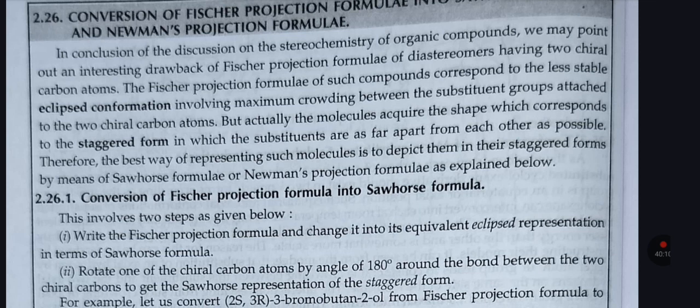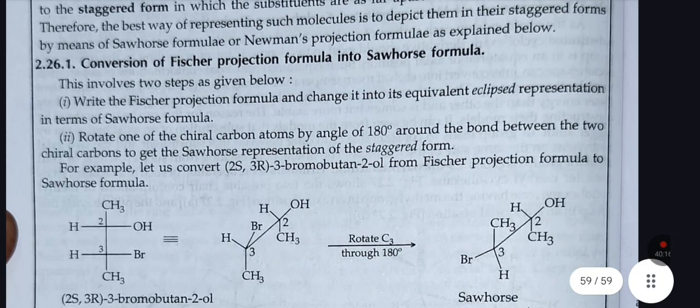Therefore, the best way of representing such molecules is to depict them in their staggered form by means of the Sawhorse formula or Newman projection formula, as explained below.